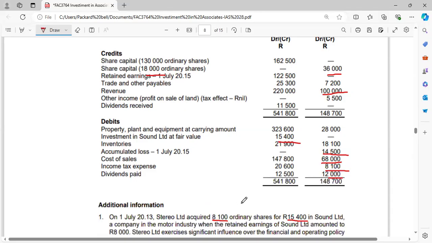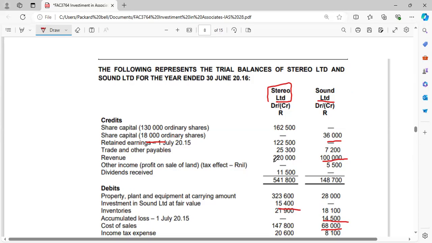So we need to determine the profit for the investor here. So we're going to have the revenue for 220. Other incomes are not there. There's dividends received. Dividends received of 11,500. Okay.